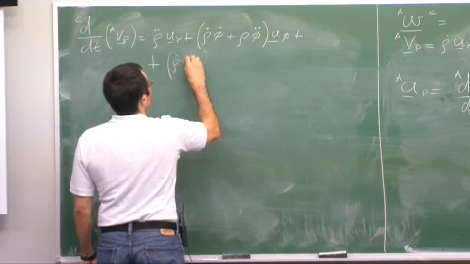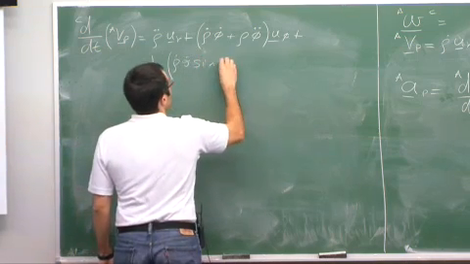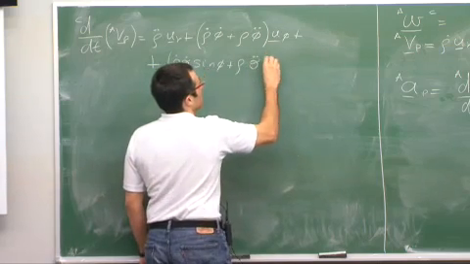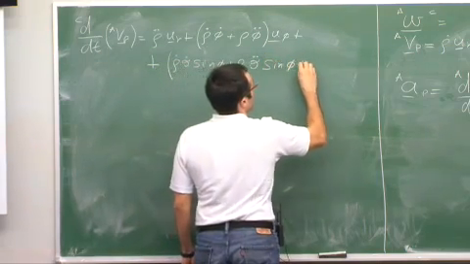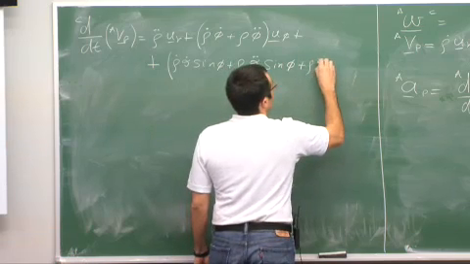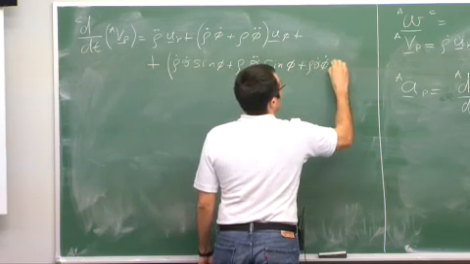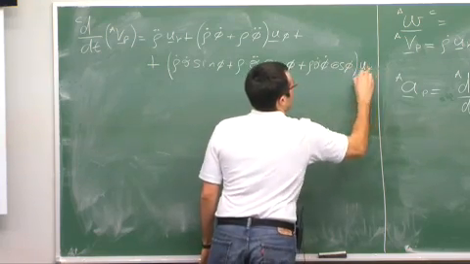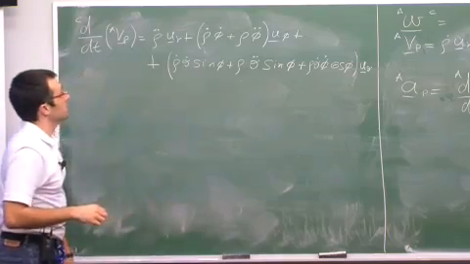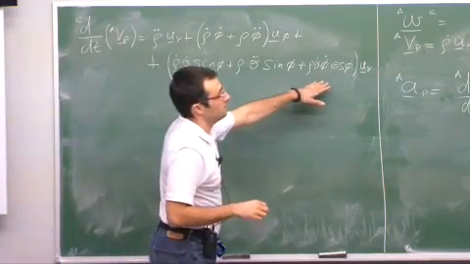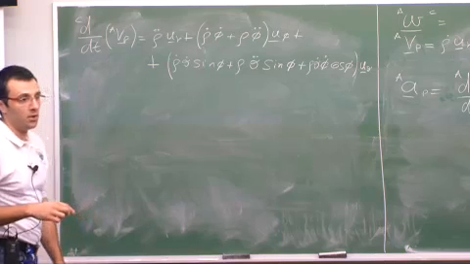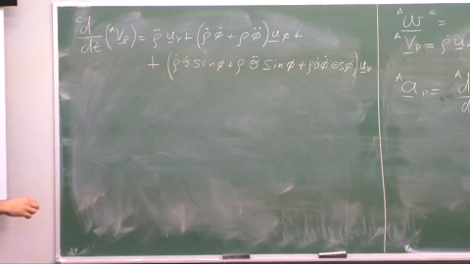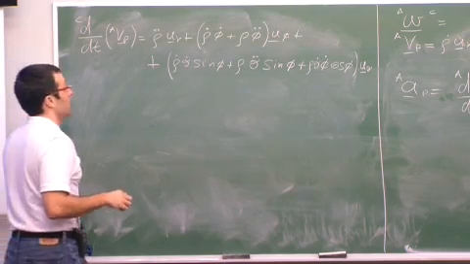Rho dot theta dot sine of phi plus rho theta double dot sine of phi plus rho theta dot phi dot cosine of phi, and I'm done. U theta. Did I do this right? Derivative of product. Okay. And that's the simple part.